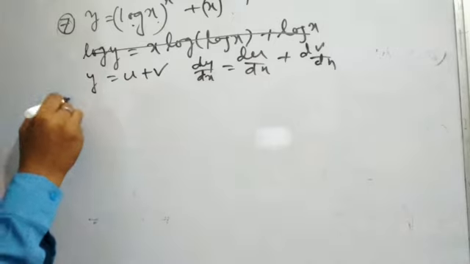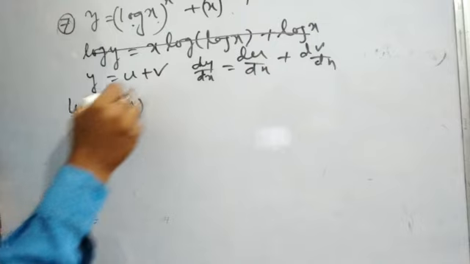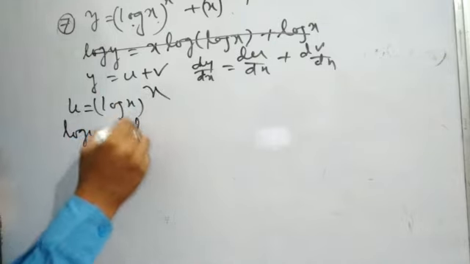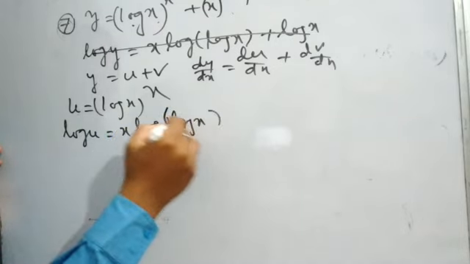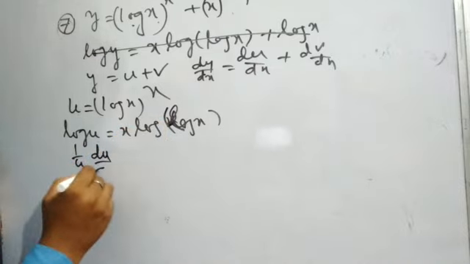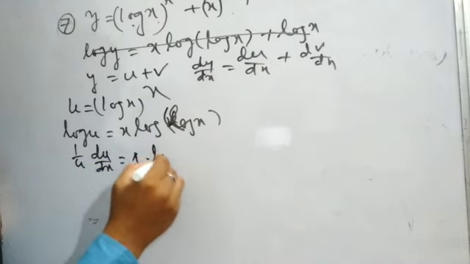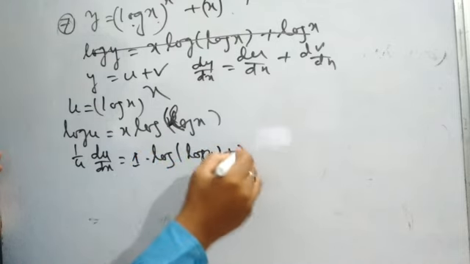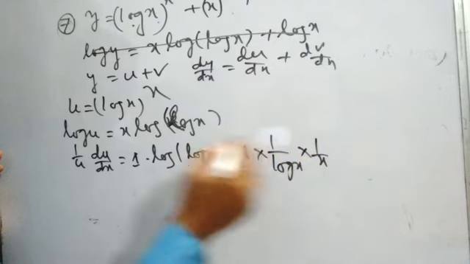At first take u is equal to (log x) whole to the power x. Then taking logarithm, log u is equal to x log log x. Right or not? Then 1 by u du by dx is equal to x derivative 1, and log log x constant, plus 1 by log x into the derivative of log x, 1 by x.